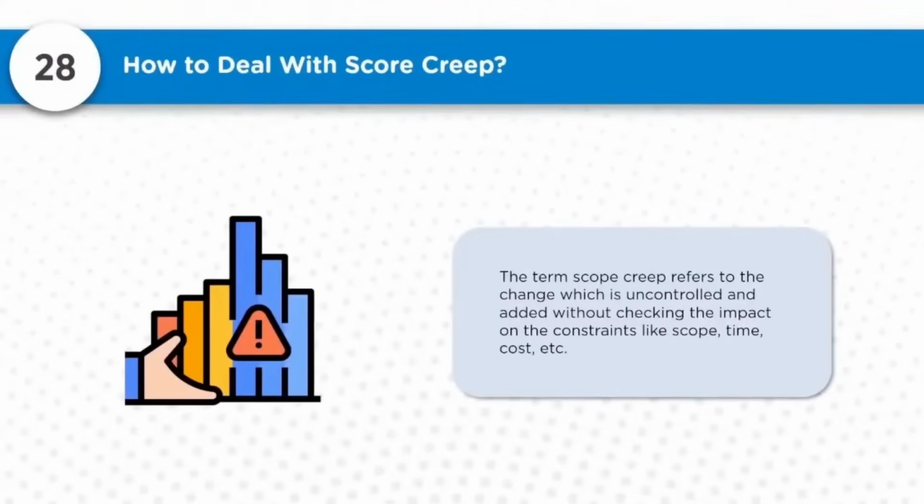It may add value, it may not add value later, it doesn't matter, but it may impact your cost, time and schedules in an unexplained way. And that extra effort and extra cost you have put in will not be recognized by customers and you will not get paid for it.